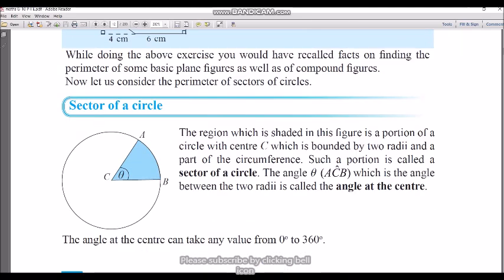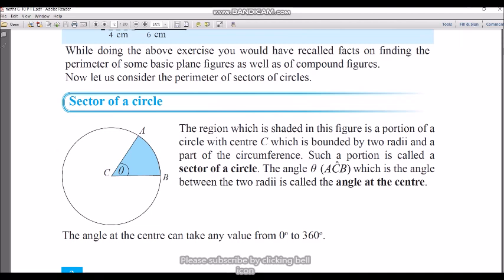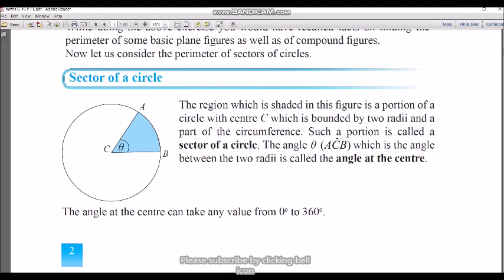And then there's another new theory, that is the sector of a circle. So this is a whole circle, and if we take a part of that circle, we say it is an arc. So a sector means an arc plus the two radii.